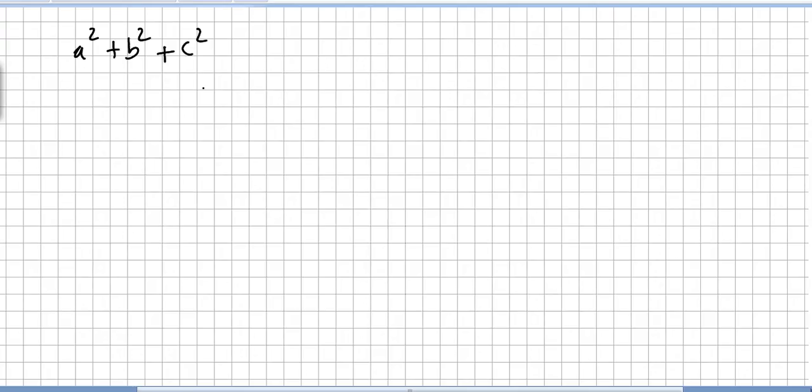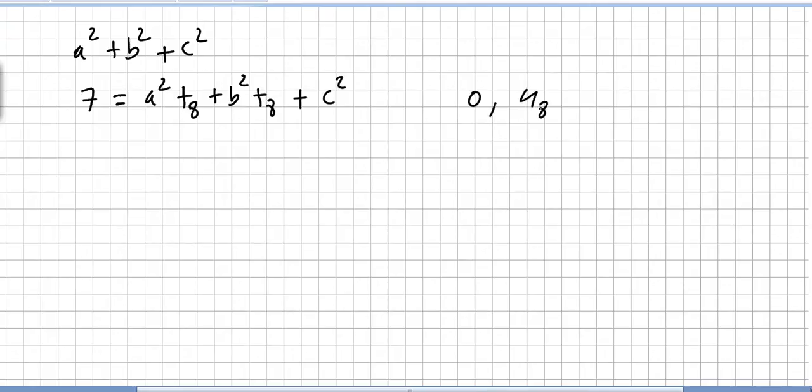If this was true, then 7 would be equal to a squared plus b squared plus c squared modulo 8. But observe that the square of any integer either is 0 or 4 modulo 8.